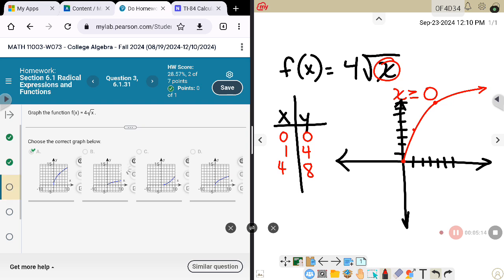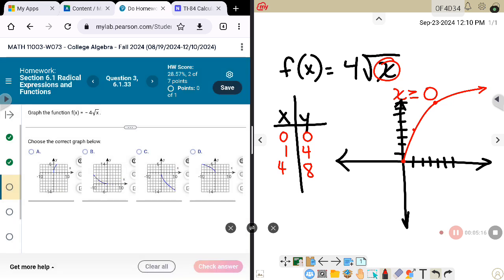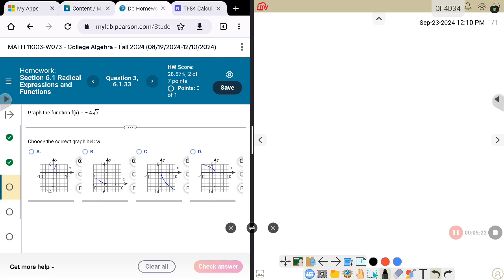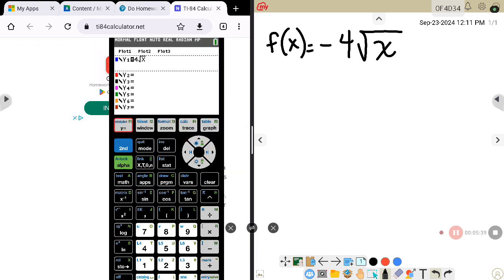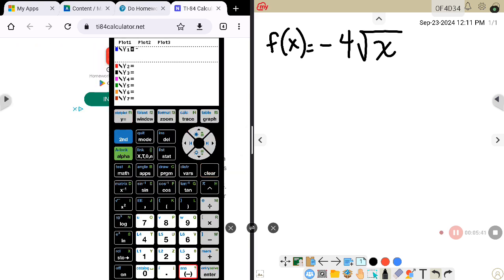Now, let's look at what the negative does in front of that 4 on this next kind of problem. This one you have f of x equals negative 4 square roots of x. So on this one, when I put this in my y equals, let's look at what that does to it. So negative 4 square root x.